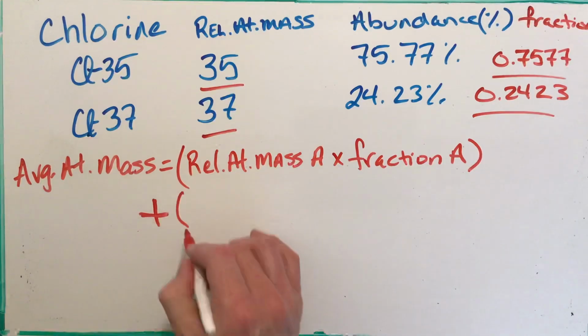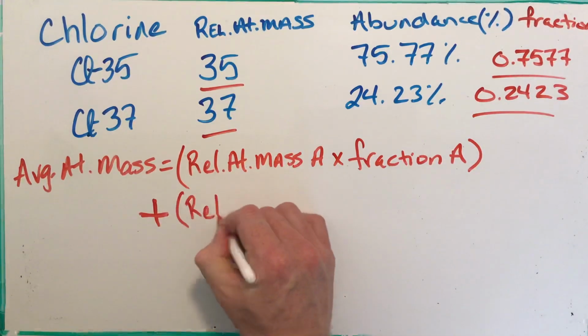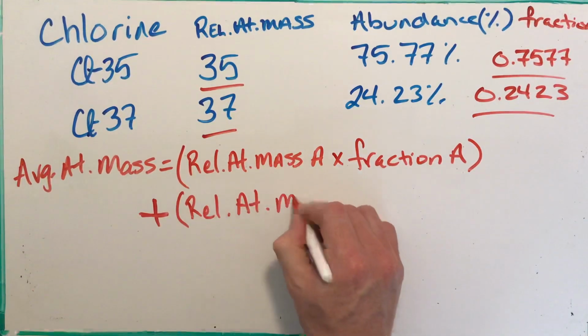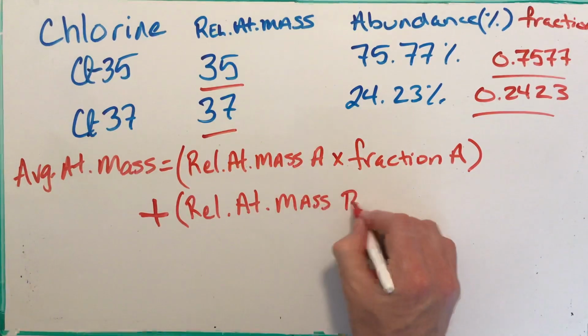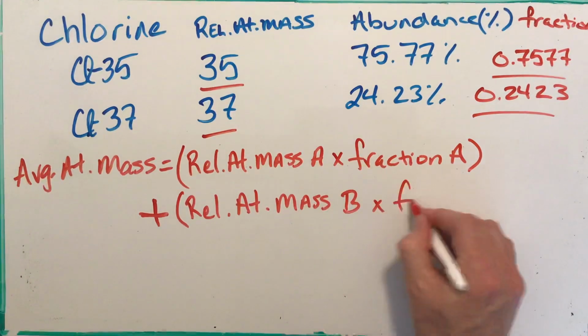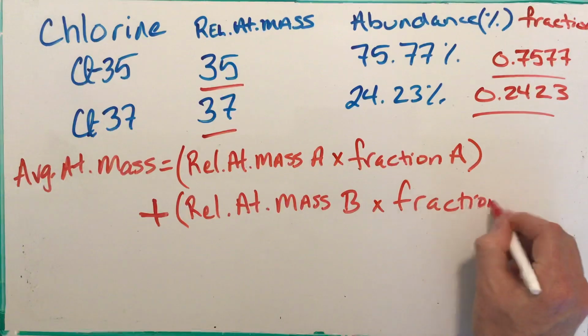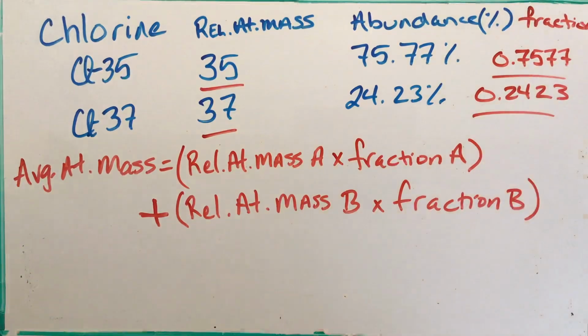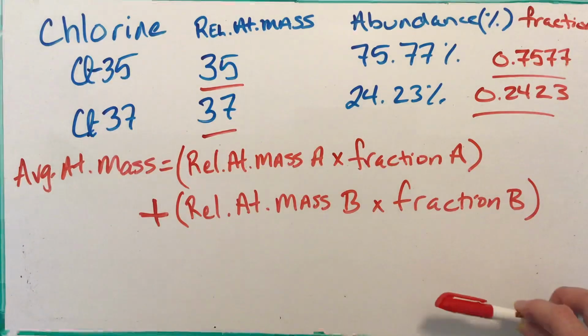So we're going to add it to another bracket, the relative atomic mass of isotope B times the fraction of isotope B. Now, if there was a third isotope and a fourth, I would add relative atomic mass of C times a fraction of C plus the relative atomic mass of D times. So you get the idea.